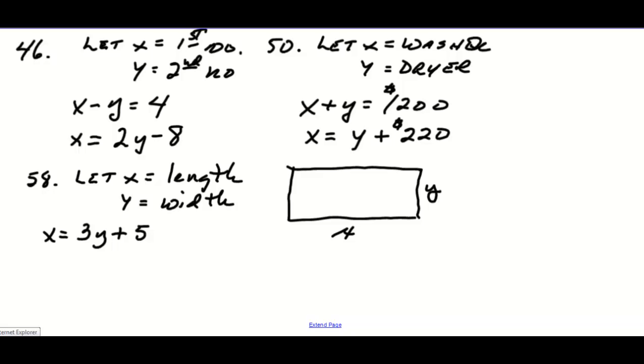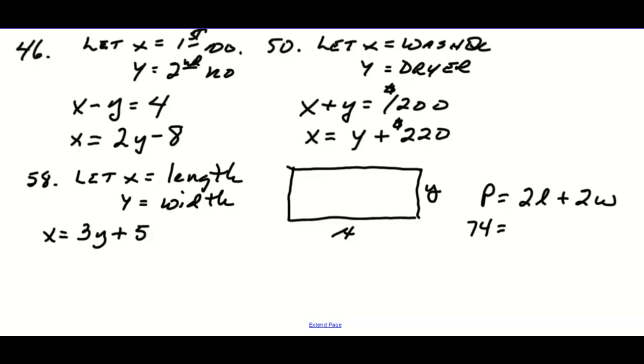Now it says if the perimeter of the rectangle is 74 centimeters, find the dimensions. With a rectangle, what we need to remember is the perimeter is 2L plus 2W. In this particular case, our perimeter, which they say is 74 centimeters, is equal to 2 times the length.